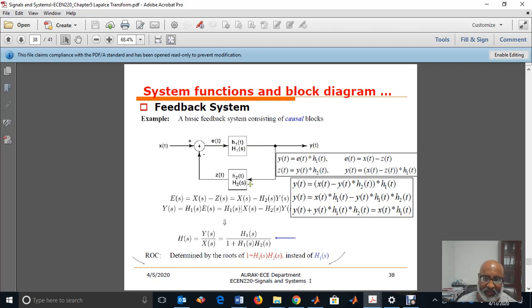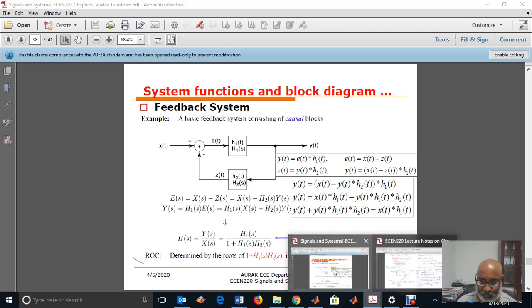So we need to design a feedback system like this to have a good control system for a certain reference input, for example a reference speed or velocity, a reference temperature, a reference pressure, a reference altitude, and so on.